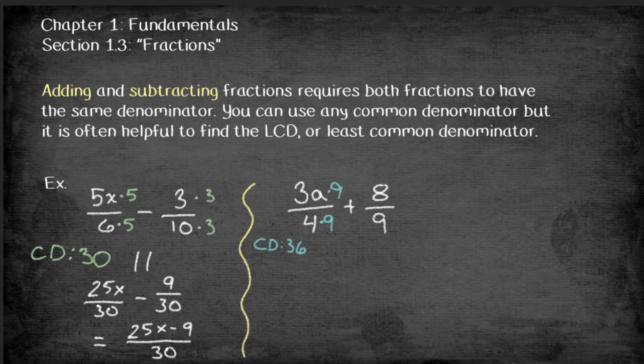Same over here: 9 times 4, so I also have to multiply the numerator by 4. So 9 times 3a would give me 27a over 36, plus 32 over 36. And since they have the same denominator, we can combine them into a single fraction here.